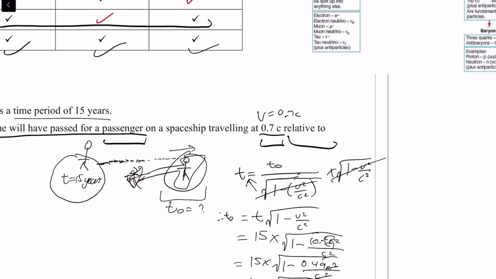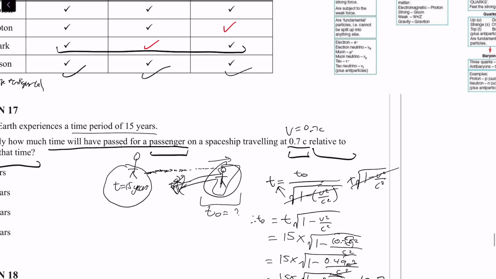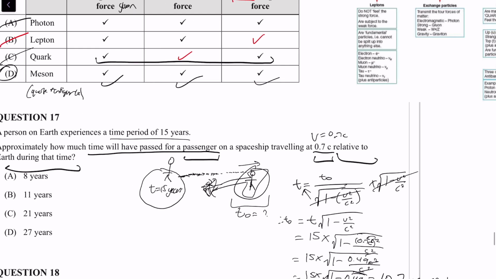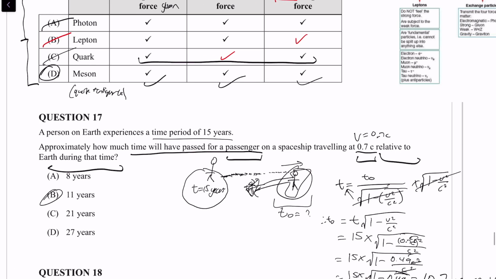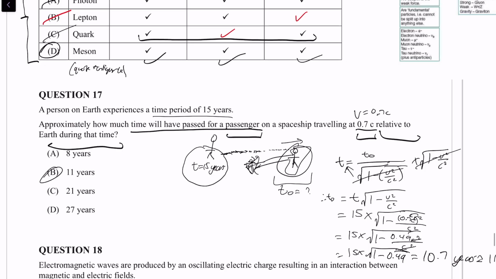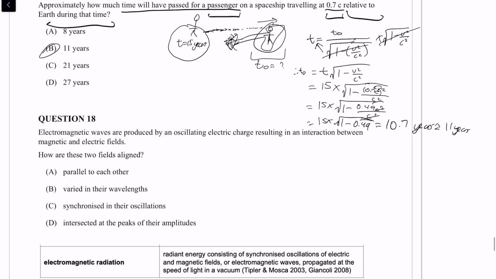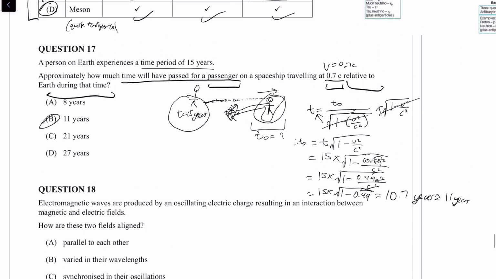And we get an answer of 10.7 years, okay, which is about 11 years in the question's multiple choice options. So the answer is B. Okay, everything was in SI units, so that's fine. With time, you don't have to convert it to seconds because we're not working with seconds anyway.